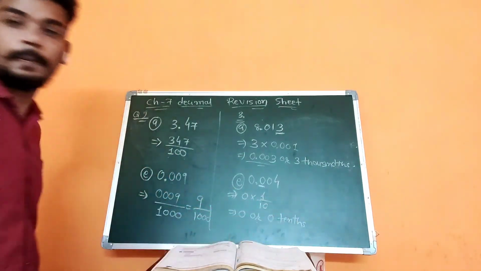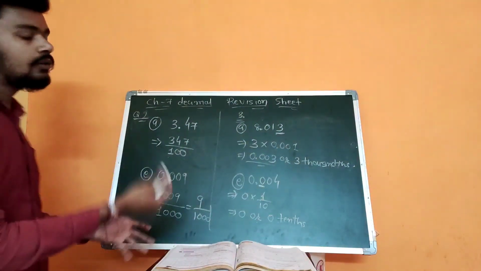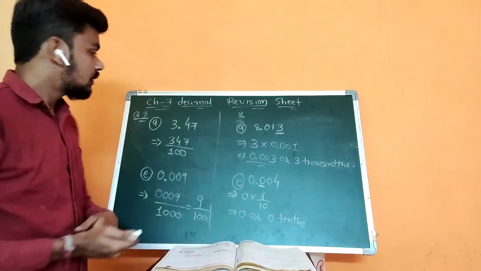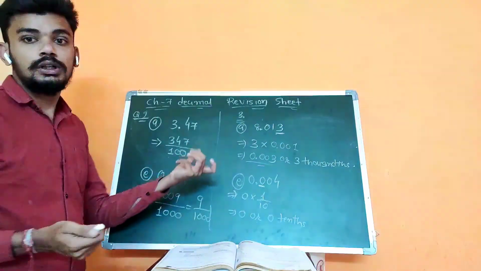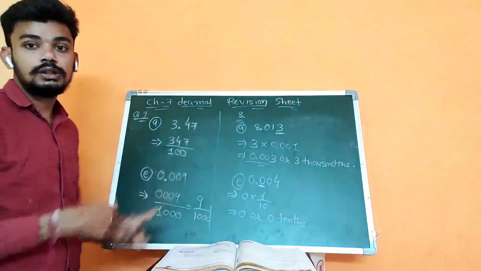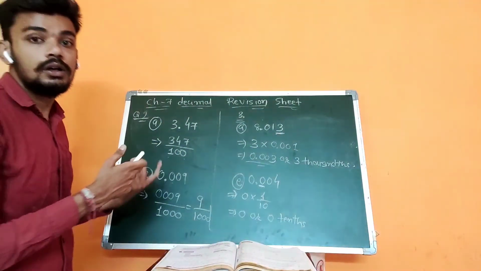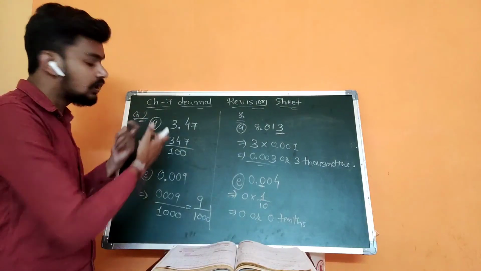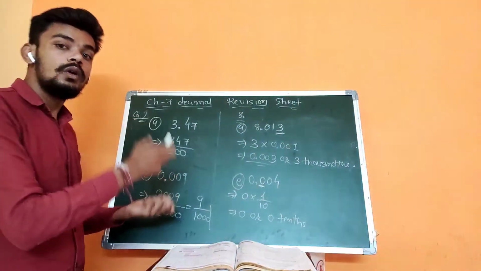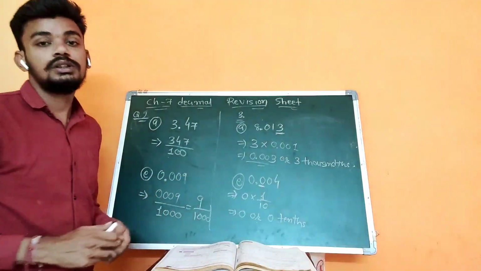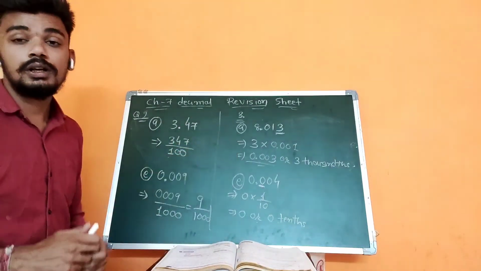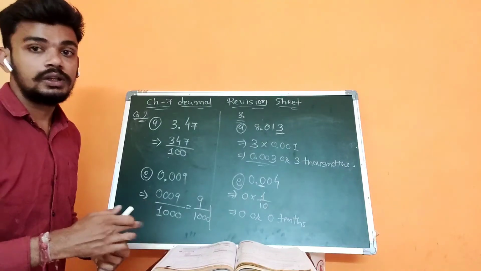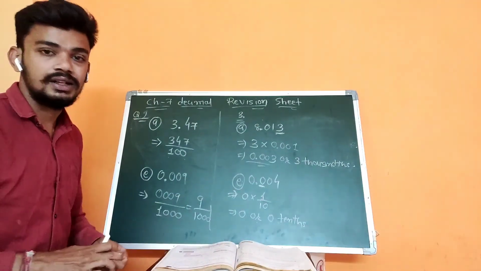Understood? That's how you can find the place value of a decimal. In the first questions, it is given the conversion of fraction to decimal. In the second question, the conversion of decimal to fraction, and in the third question, the place value, finding the place value of the given digit which is underlined.